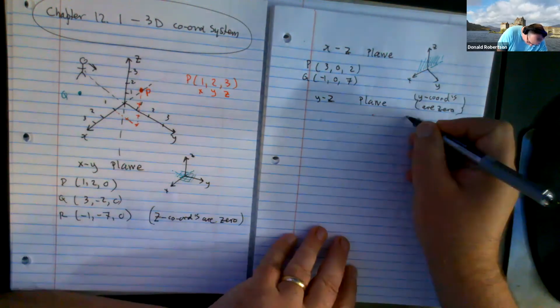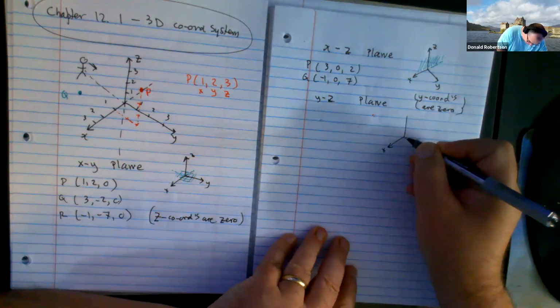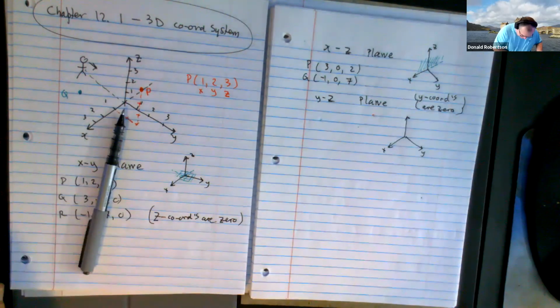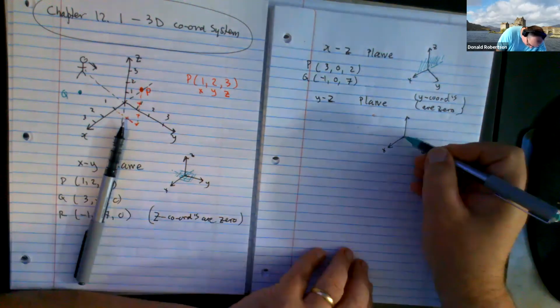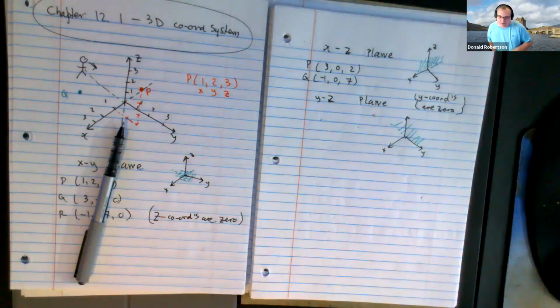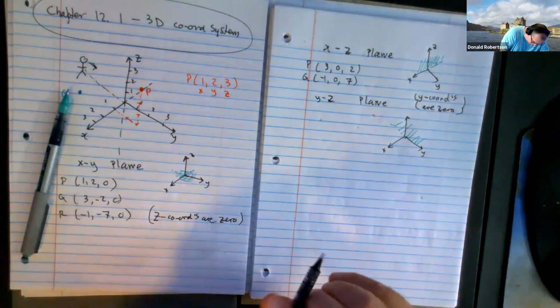Can you imagine what this one might look like if we tried to sketch all the points on the YZ plane? And here's my little guy going this way. Would you agree it's this wall here? And what do they have in common? Well, I'm just going to do one of these guys.